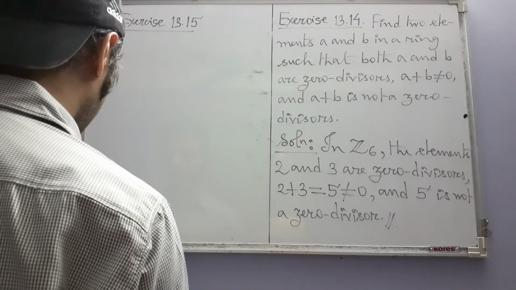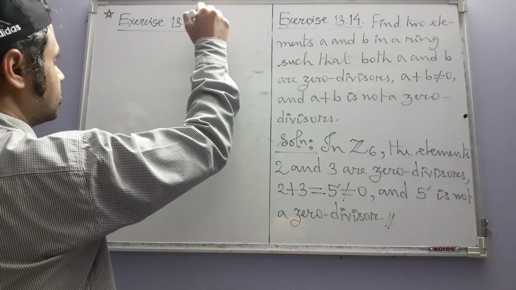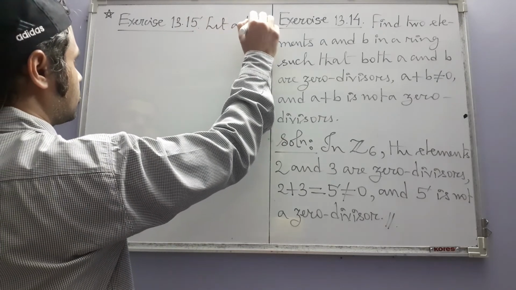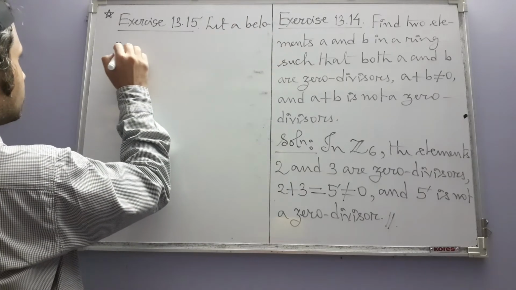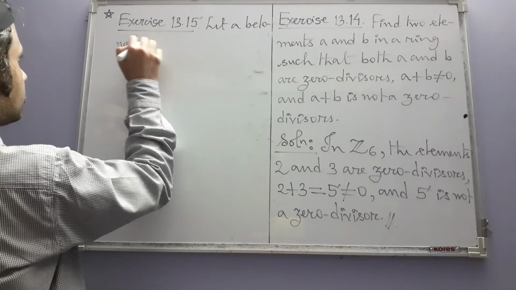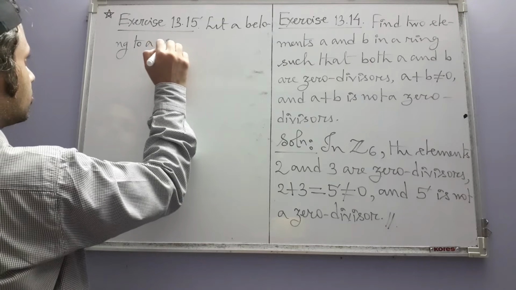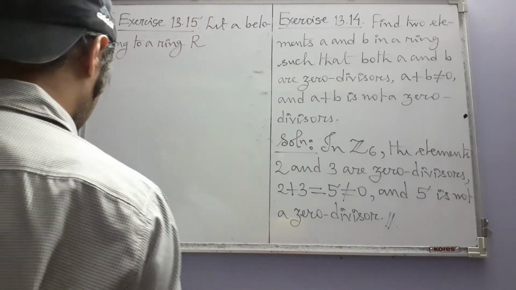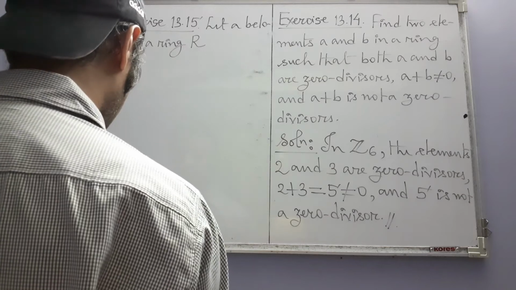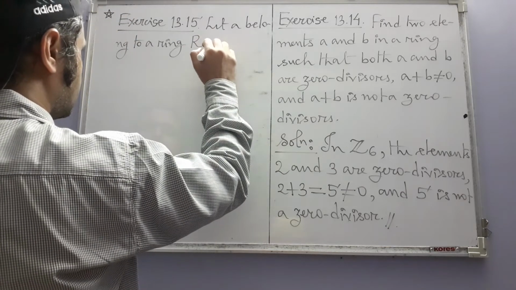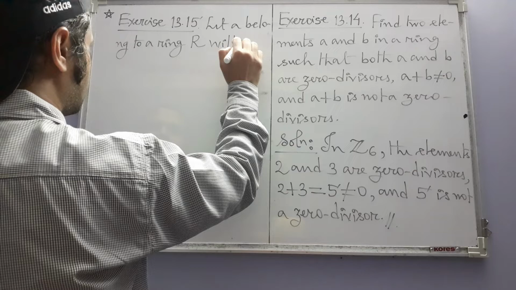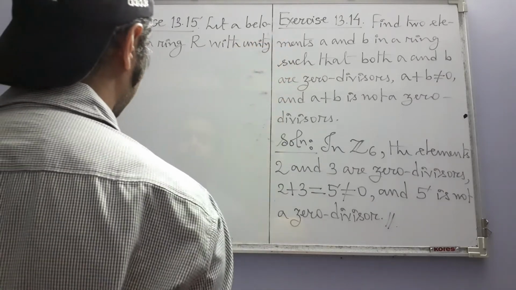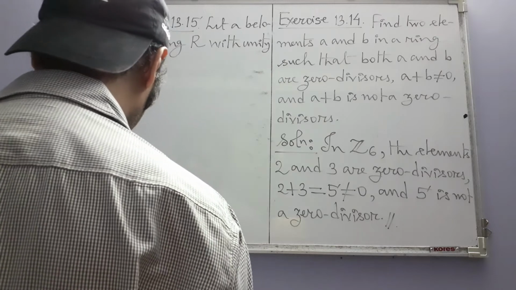Let A belong to a ring R with unity. So there is a unit element in R, which of course we will denote by 1.